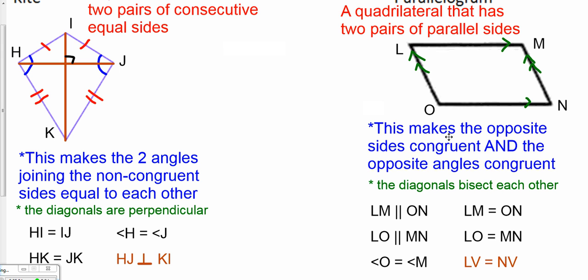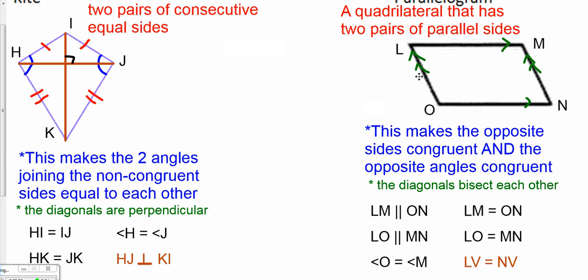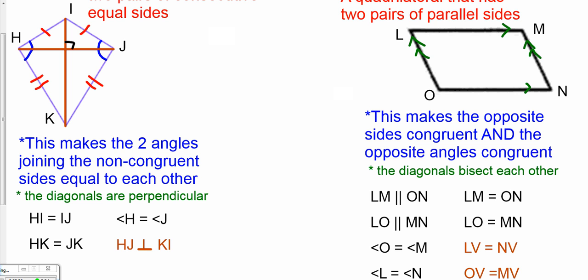If these two are parallel, the only way for that to work is if the opposite sides are congruent and the opposite angles are congruent. So by them telling us that this is a parallelogram, we can figure out this side has to be congruent to this side, and this side has to be congruent to this side.